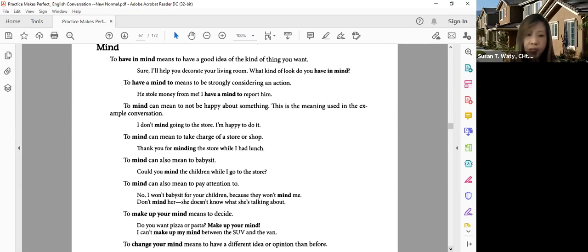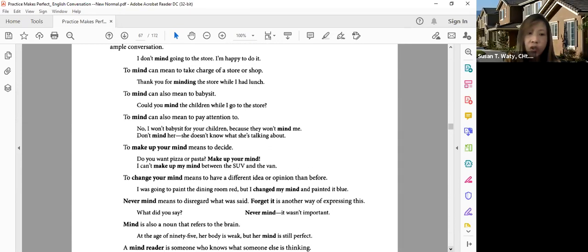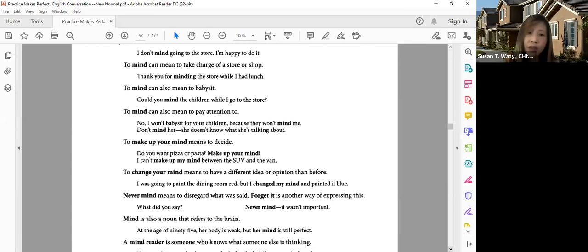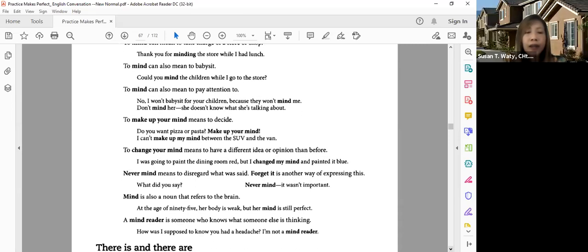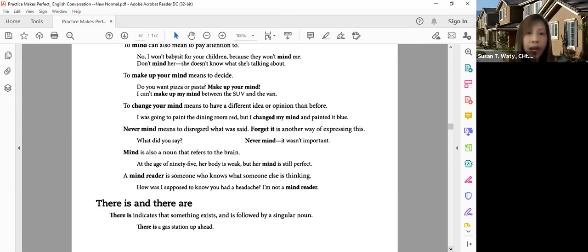Also, another expression regarding mind: to make up your mind means to decide. Do you want pizza or pasta? Make up your mind. Okay, next we have to change your mind, which means to have a different idea or opinion than previously.